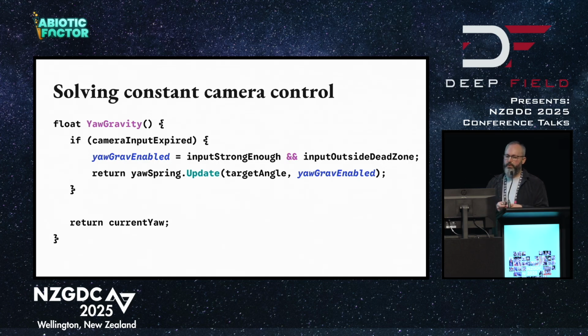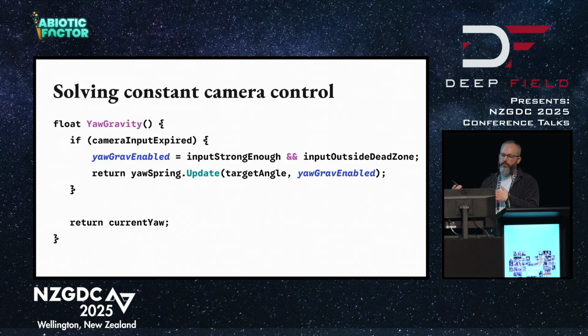And so we have this Boolean, your gravity enabled. That is controlling your spring. I probably should have mentioned that first. We're getting this rotation from a spring, which is designed to work in a 360-degree range.